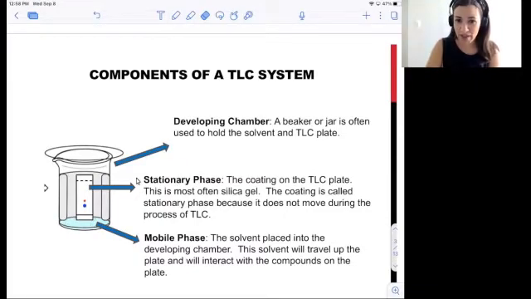The stationary phase, as we mentioned, is the silica gel coating. And inside of the beaker, we place an organic solvent, which is known as the mobile phase. This is because this solvent will travel up the plate. And as it does so, it will interact with the compounds you have spotted on the plate.